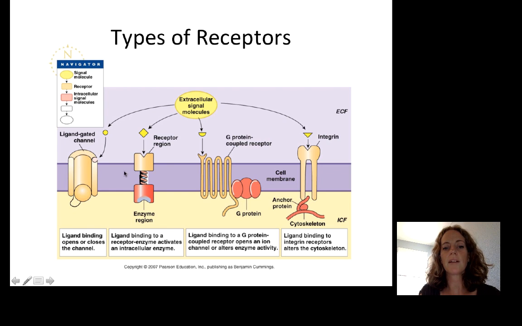There are receptors that are enzymes. There are receptors that are attached to a whole cascade of other proteins that can create sort of chemical domino effects in the cell. And there are receptors that are linked to the cytoskeleton that can actually alter the movement of a cell.